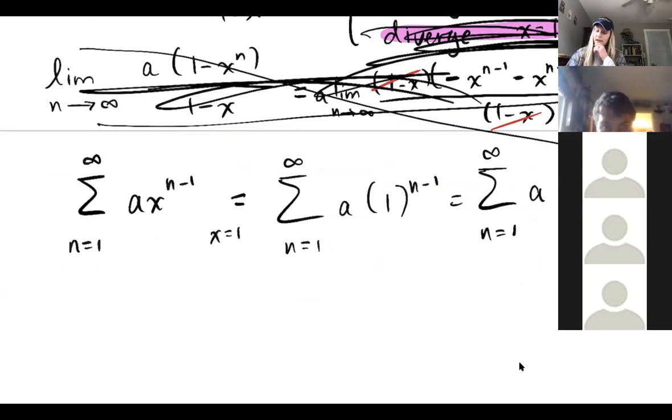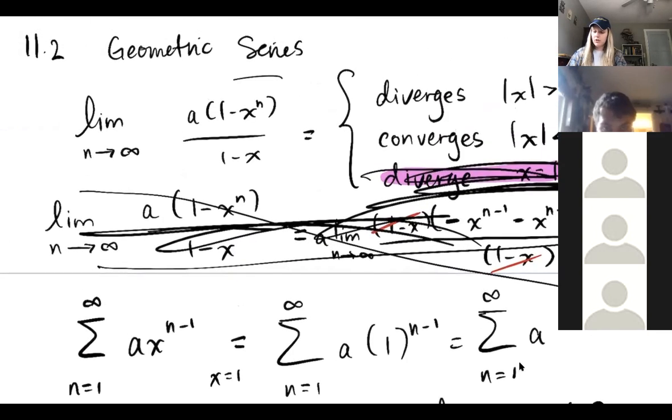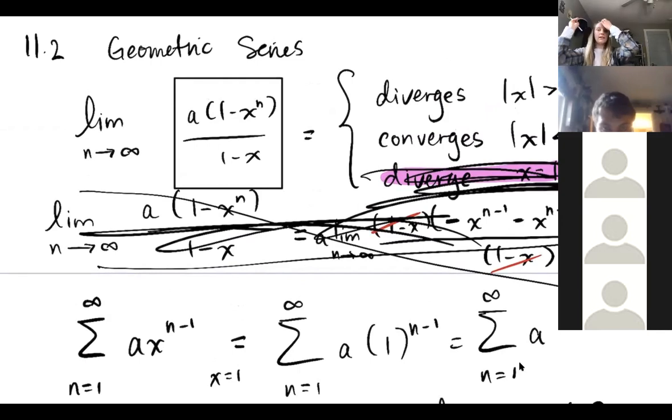Unless a is 0, the limit as n goes to infinity of its terms is not 0, right? So this would diverge. You're totally right. This partial sum is not what tells you divergence at x equals 1. It's actually the original series form. You have to go back to the series.